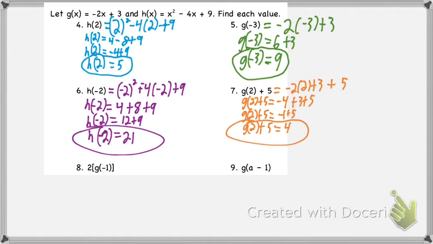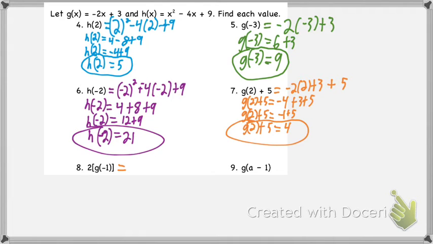Number 8. 2 times all of g minus g of negative 1. So what's inside the parentheses for x? Negative 1. So we're going back to our g of x. Wait for me to write what I'm going to write, okay? So write after I write it.